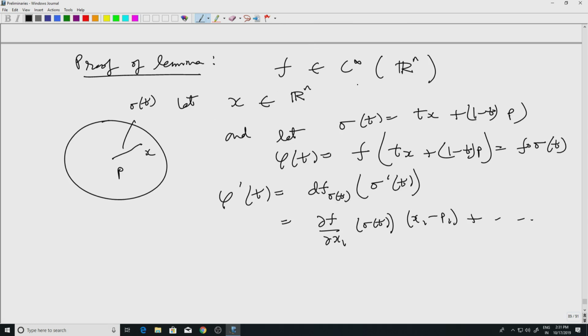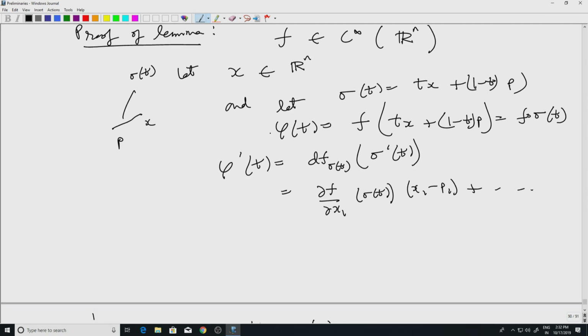To define these Gi functions, you start with any point x in Rn, and then look at the straight line sigma t. Let sigma t be the straight line joining x and p.